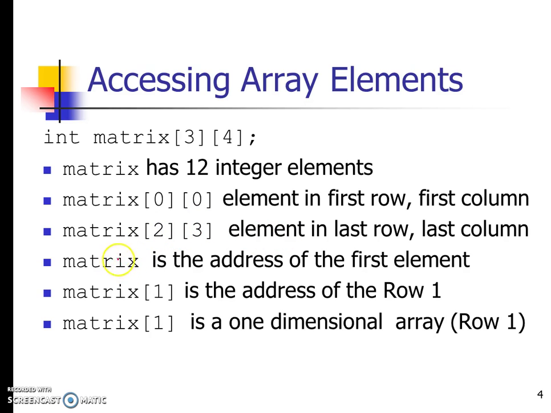If we write just the name of the two-dimensional array, that will be equivalent to the first element, the element at the first row and first column. And if we specify only the first subscript and not the second, then by default we take the address of the first row, which specifies the first element of the first row.